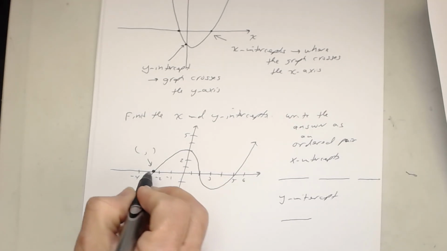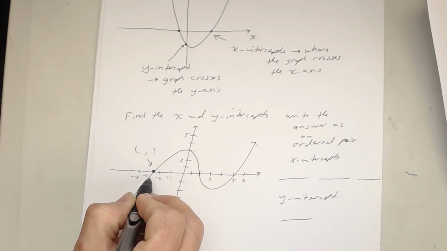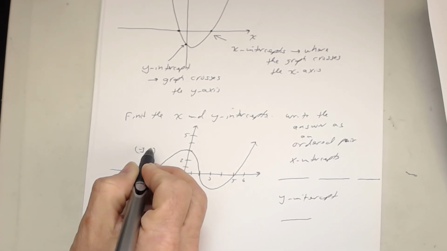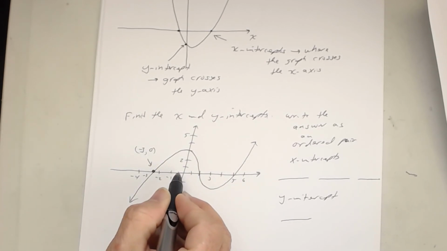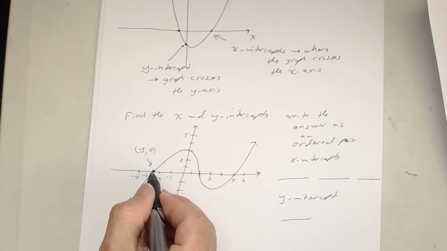What's the x-coordinate? Negative, yeah, -3, right? What is the y-coordinate? 0. Because remember, you start at the origin, I go to the left 3, that means my x-coordinate is -3. I stopped, I didn't go up or down, so my y value is 0.